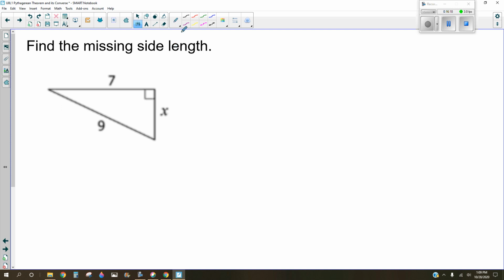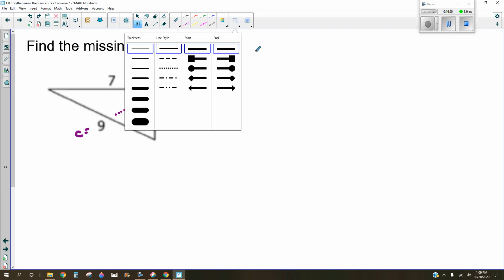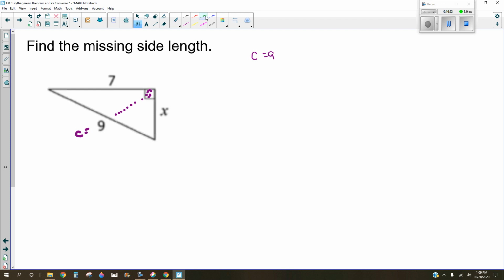Find the missing length. Well, first I'm going to find, here's 90. So this is my C. This is my hypotenuse. All right. So I can record that C is equal to 9, which means the other ones are, let's call this A and B. So I'm solving for B in this case.